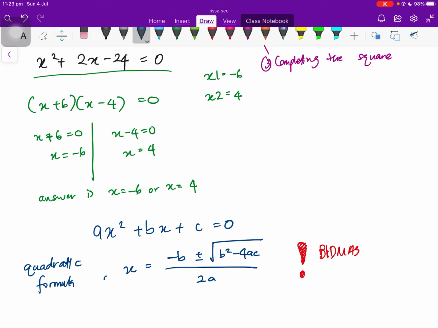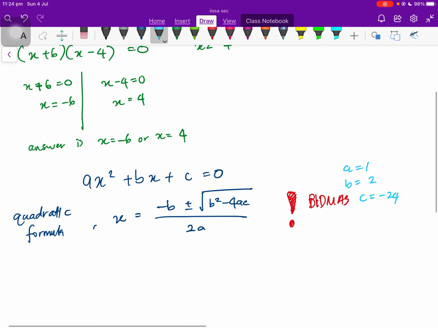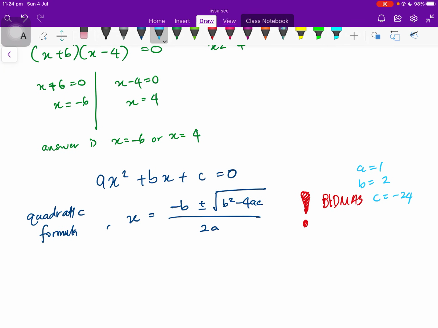So let's do that. We'll use this equation as well. We have a is 1, b is 2, and c is negative 24. Let's put that into the formula. So negative b is negative 2, plus or minus the square root of b squared, which is 2 squared, that's 4, minus 4a. Our a is just 1, so I won't bother writing 1 there. And negative 24, just write negative 24.